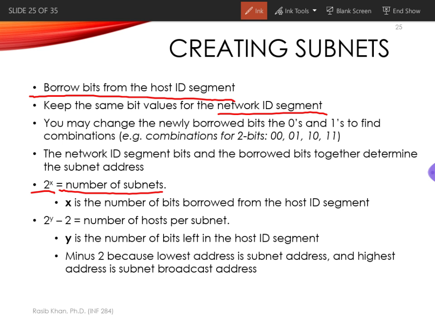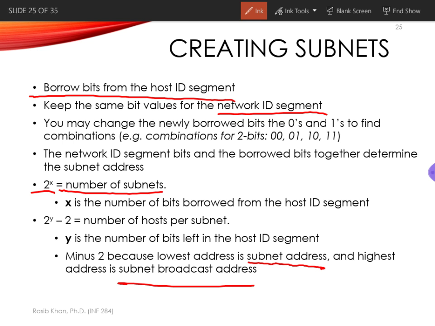However, here, given that we are dealing with subnets, we now refer to them as the subnet address and the subnet broadcast address, with all 1s in the broadcast and all 0s in the subnet address.